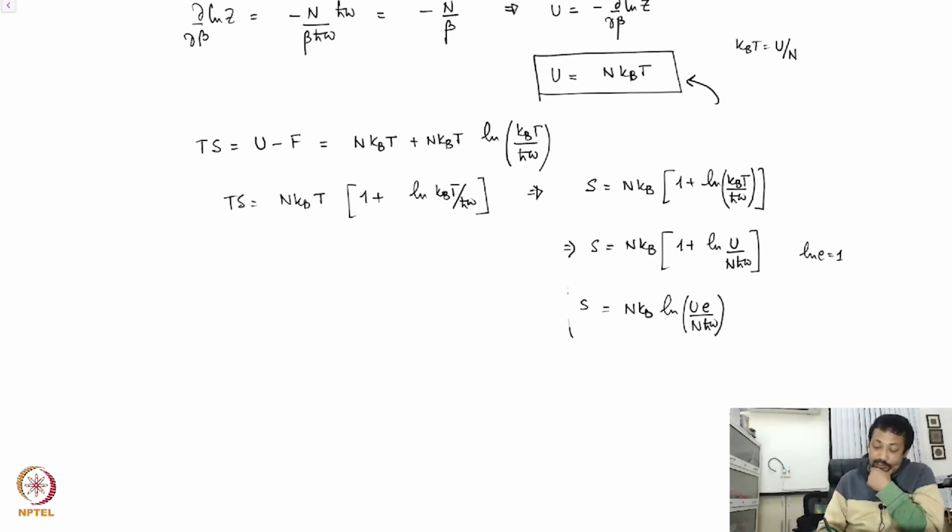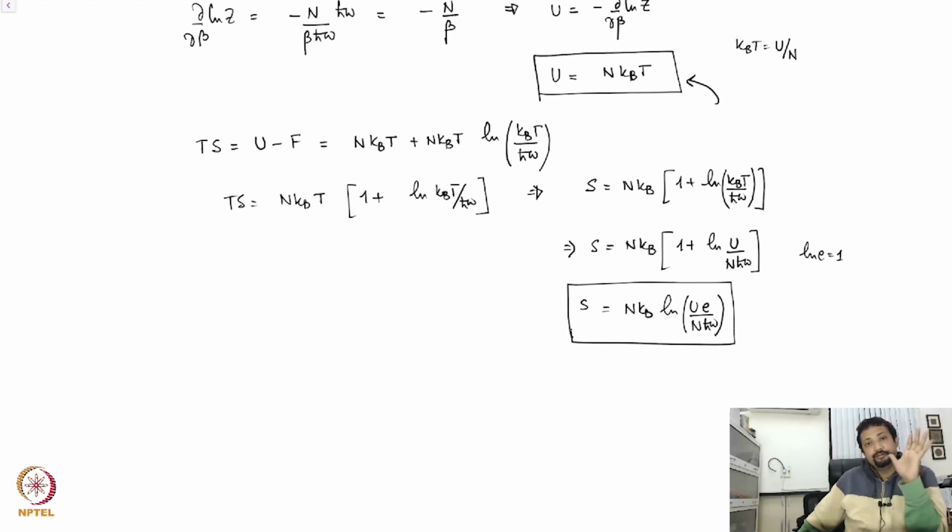And this is the expression that we have derived in the microcanonical ensemble from the total number of microstates. So everything fits like a jigsaw puzzle.